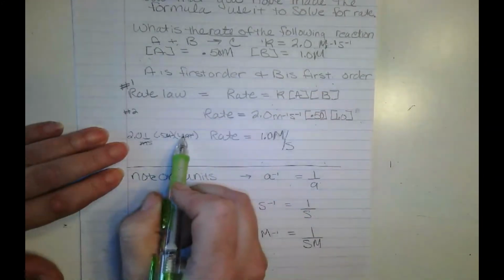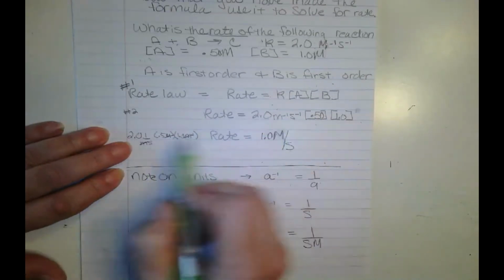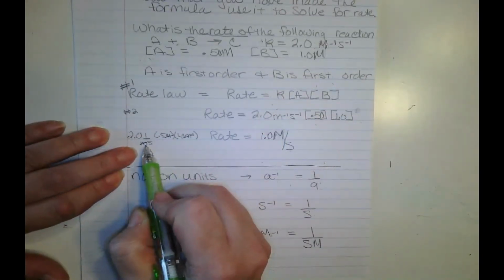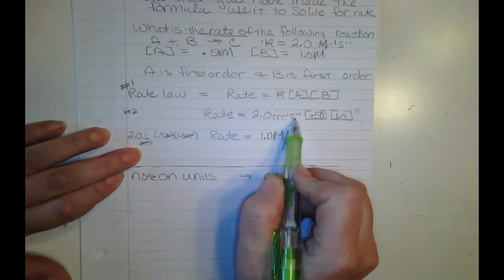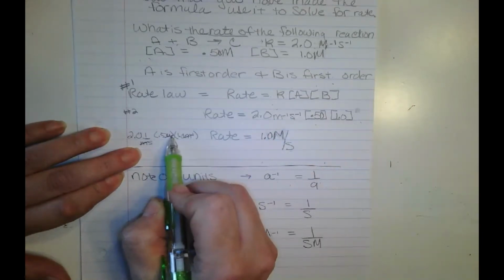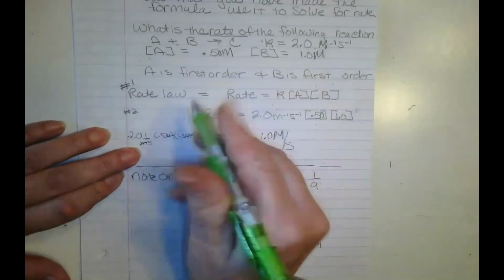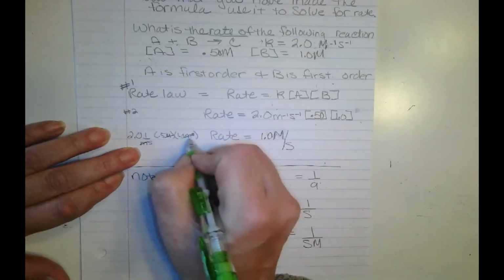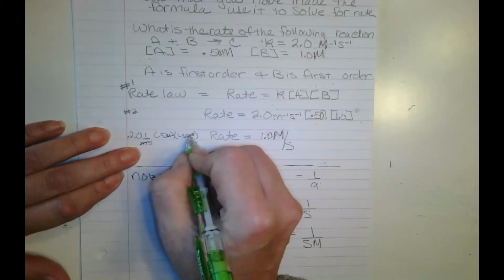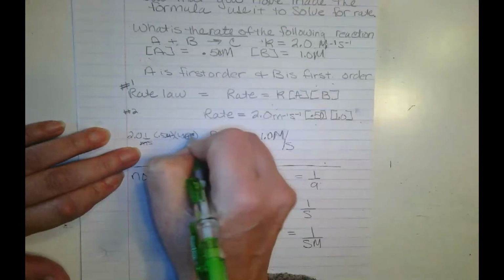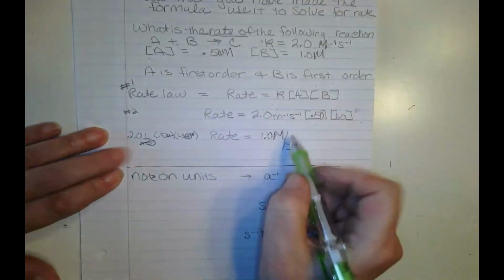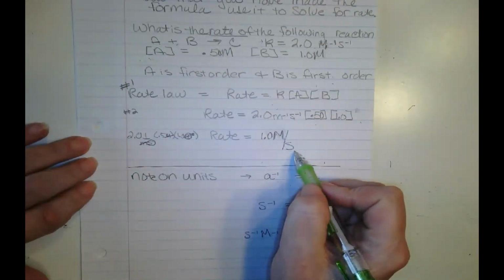So here I kind of wrote that out. We have 2.0 times 1 divided by molarity seconds. That's what that negative means. And then I multiplied it by molarity, which crosses that out, and I multiplied it by molarity again, which leaves a molarity on top, and my seconds on the bottom, which is why I have molarity per second.